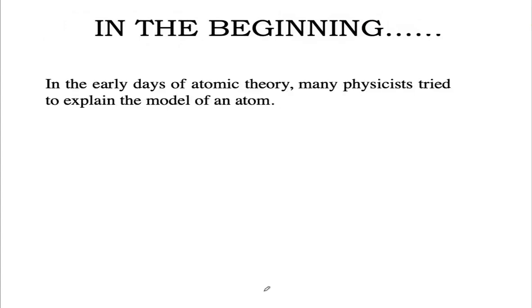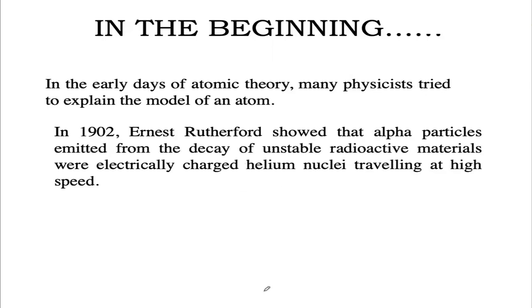Now, how did the idea of doing this alpha scattering experiment come to Rutherford's mind? In the early days of atomic theory, many physicists were trying to explain atomic structure. In the year 1902, Rutherford showed that alpha particles are emitted from unstable radioactive materials, and that these alpha particles are electrically charged and equivalent to helium nuclei moving with very high speed.